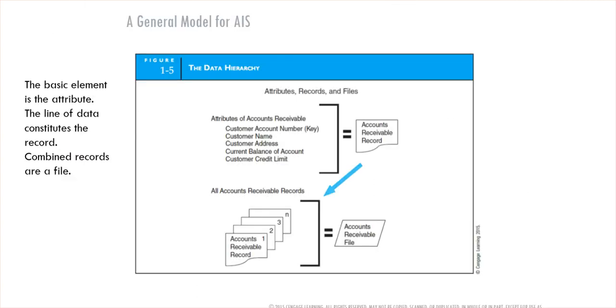Now, while I was talking about the database arrangement, I'm going to introduce us to this, which we will return to, but we need to start thinking about a general model which creates a hierarchy of data within the AIS. The best way I have of explaining this is to think about an Excel file.